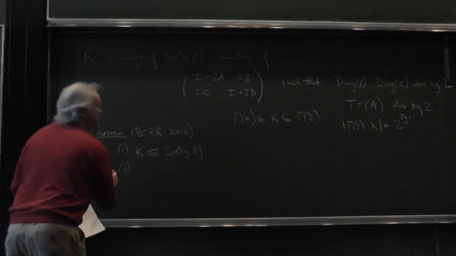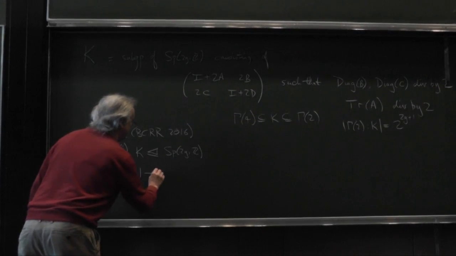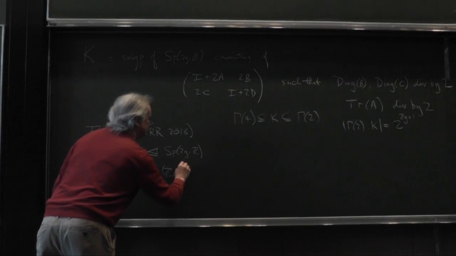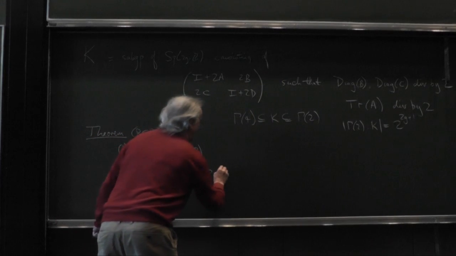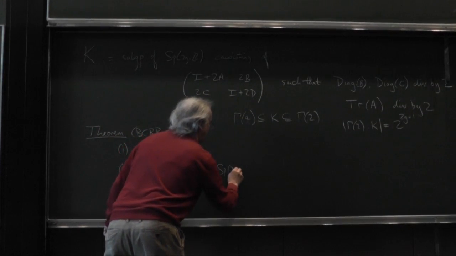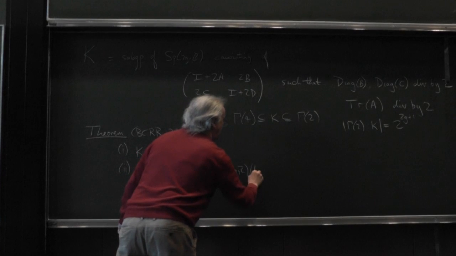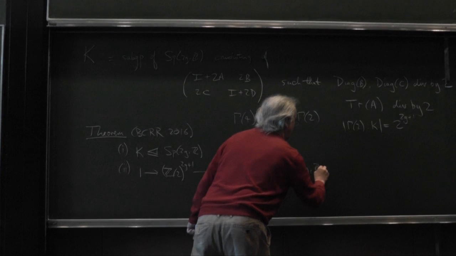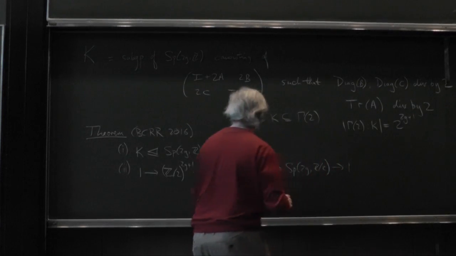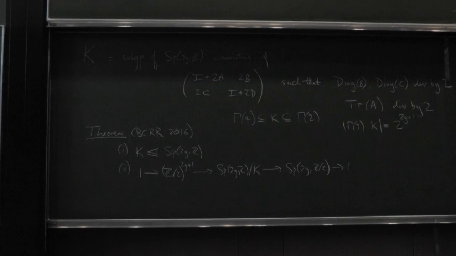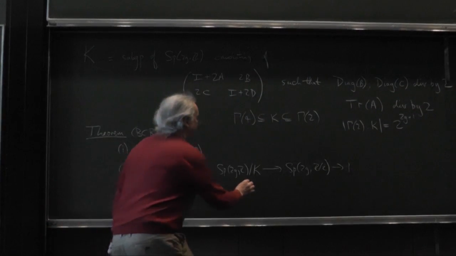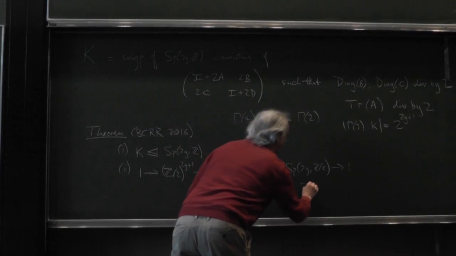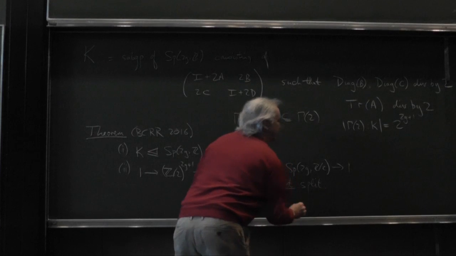So, in particular, if you think about K, the quotient by K sits in a short exact sequence like that. And this sequence does not split. That will be important later on.